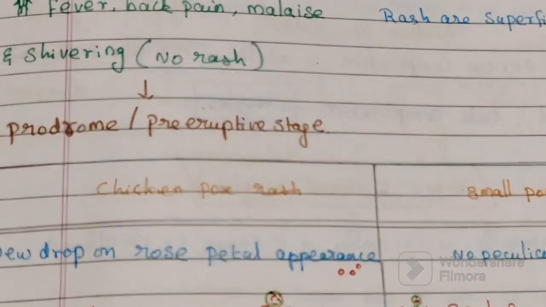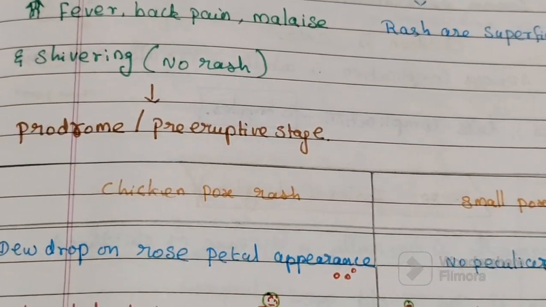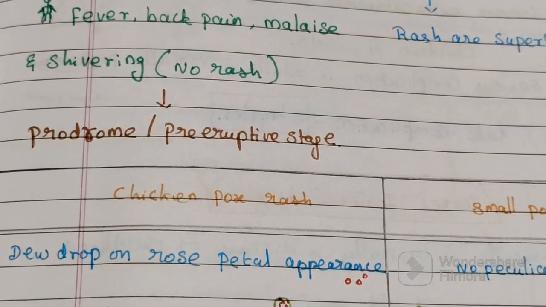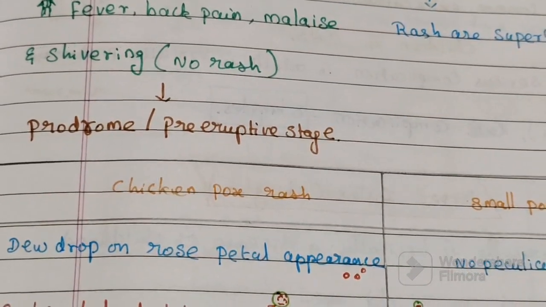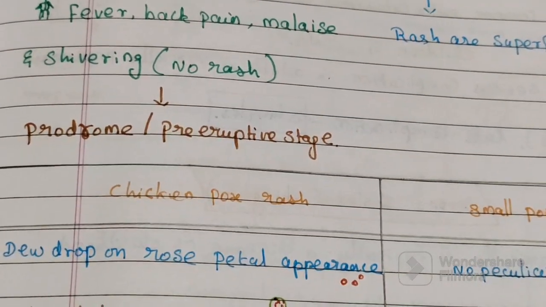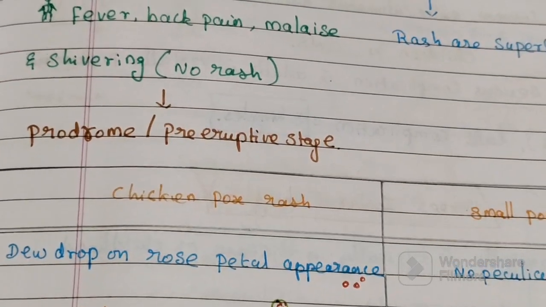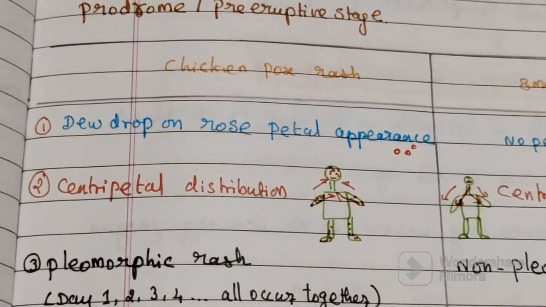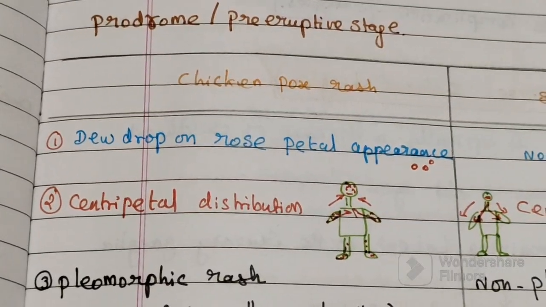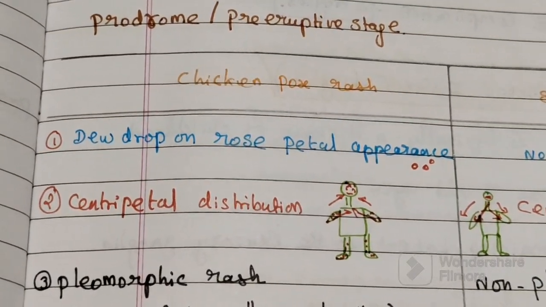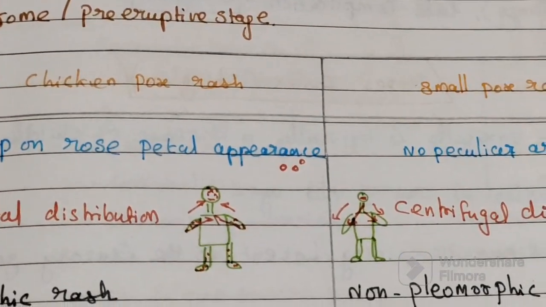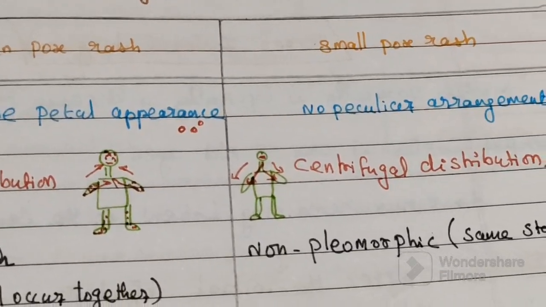Now we differentiate chickenpox and smallpox. They look quite similar. Here we want to discuss the difference between chickenpox and smallpox. Chickenpox has a peculiar appearance, a rose petal appearance; smallpox has no peculiar arrangement.